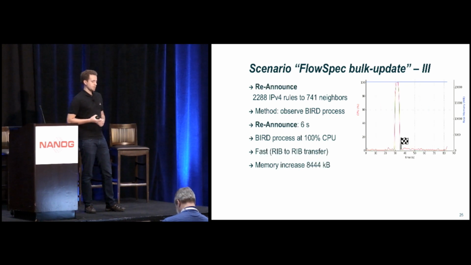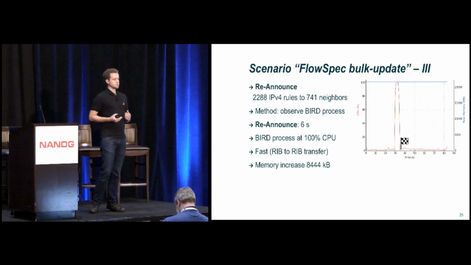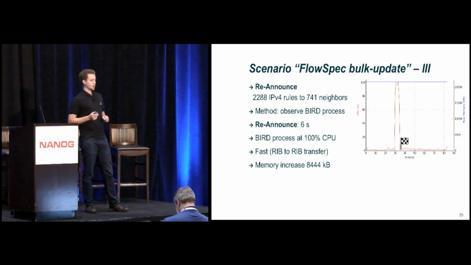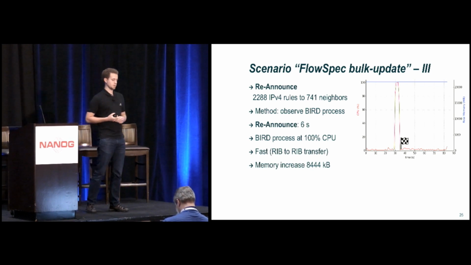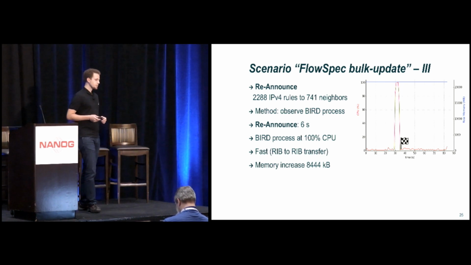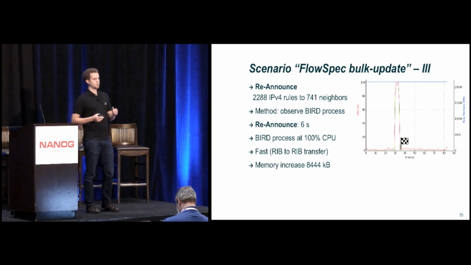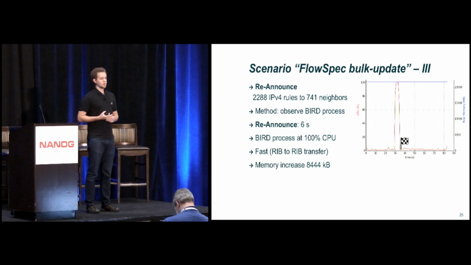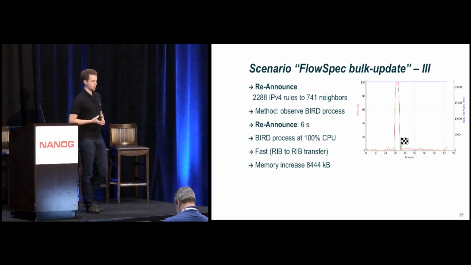And at last, I re-announced all those Flowspec routes, so I brought the peer up again, and this takes 6 seconds. This is a bit faster because I only shut down the protocol in BERT, and I didn't shut down the BGP, and this is why mostly internal processing is going on.